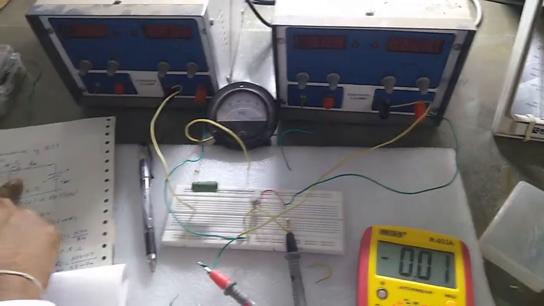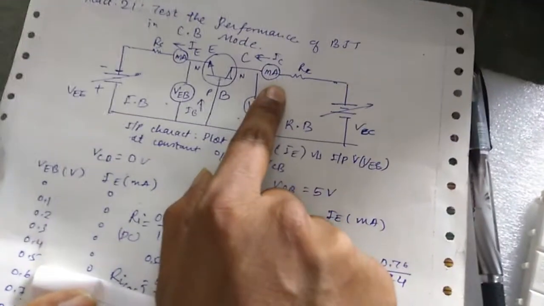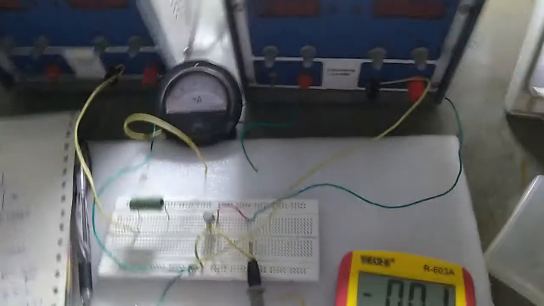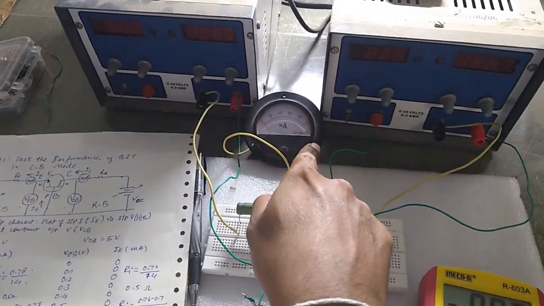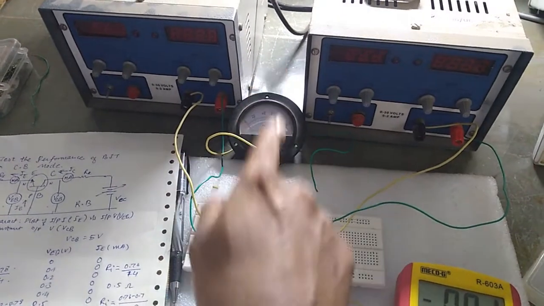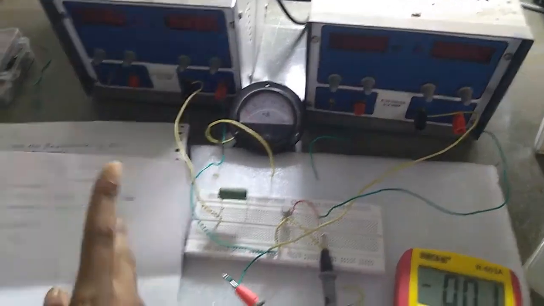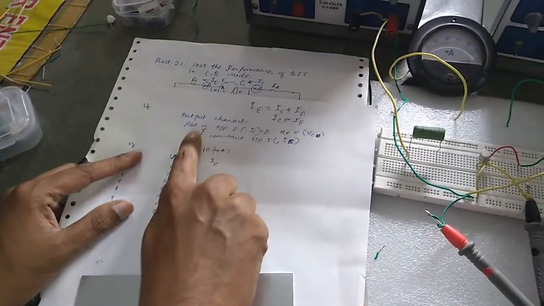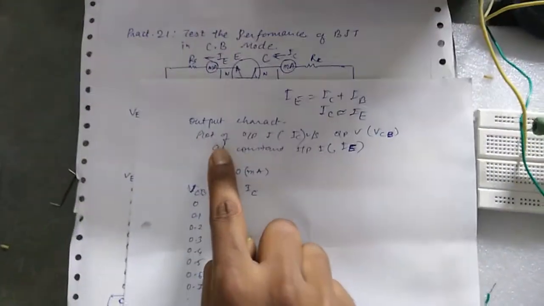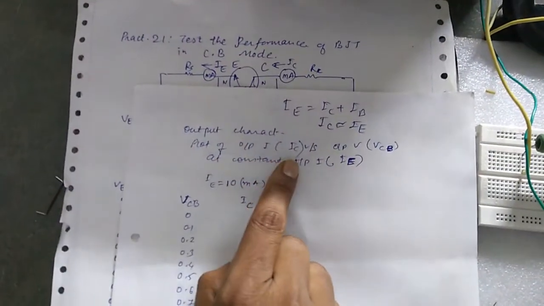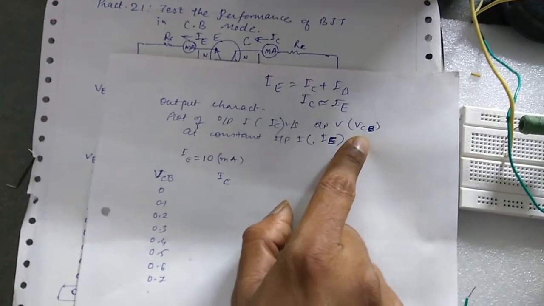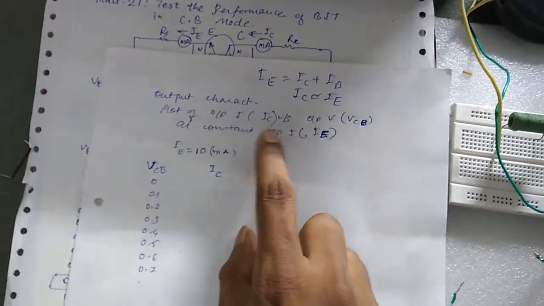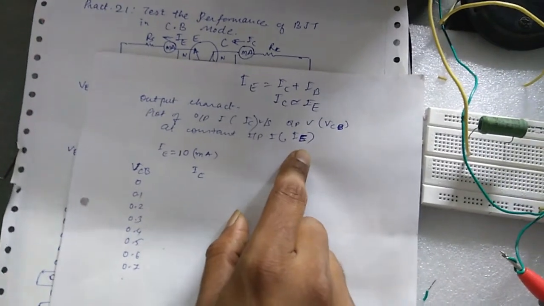But now I have to connect this ammeter. But right now I have only one ammeter. So the condition to plot output characteristics is that output characteristics is a plot of output current, that is the collector current, versus output voltage, that is collector to base voltage, at constant input current, that is emitter current.